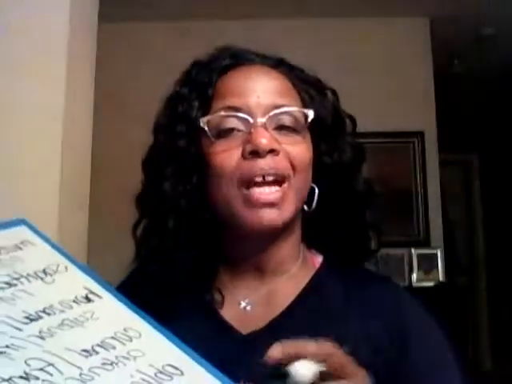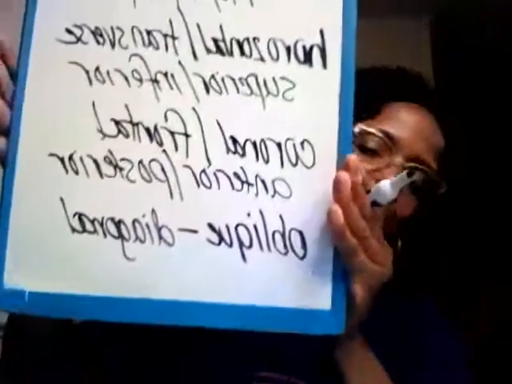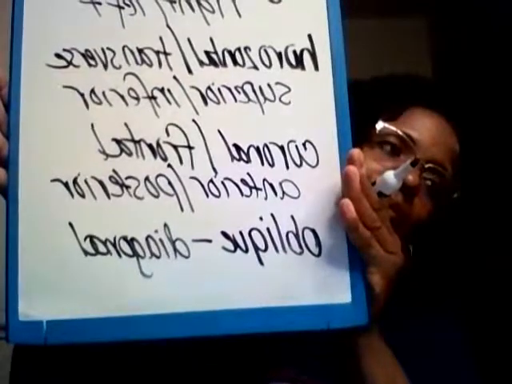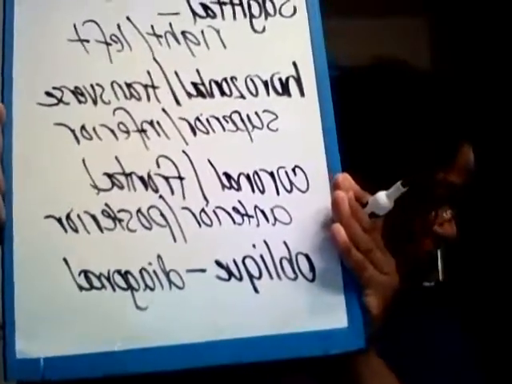And then finally we have the oblique plane, which is a diagonal plane of sectioning. The last thing that we need to cover are the body regions.